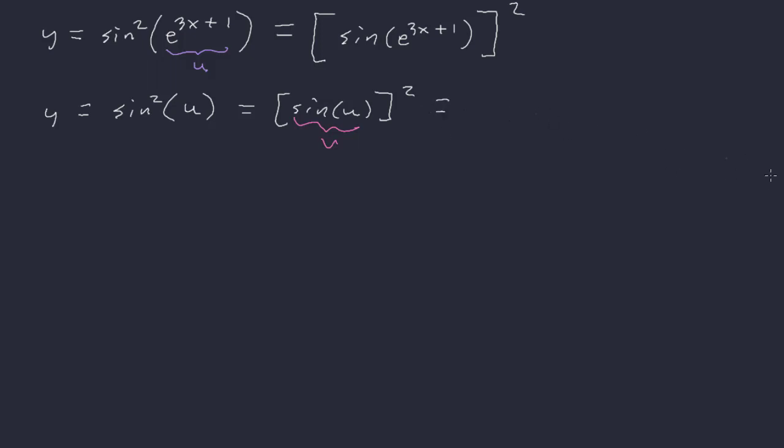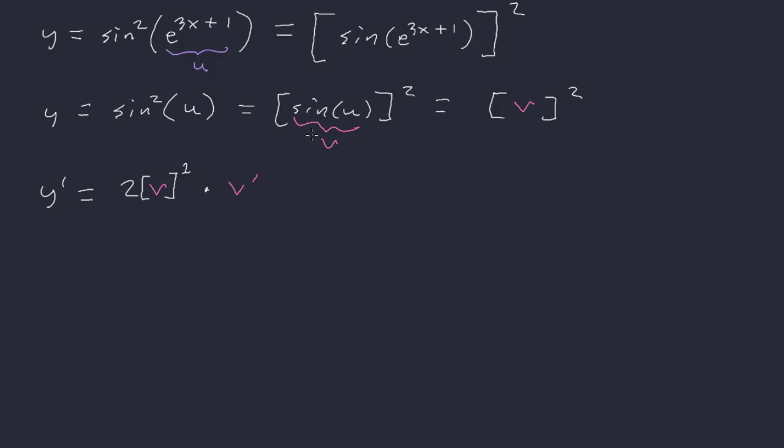So this is essentially v squared. Okay, so the derivative of y is going to be 2 times v to the 1, then times v prime. I should probably be very careful about that, huh? So that doesn't look like a prime. So 2v to the 1 times v prime.